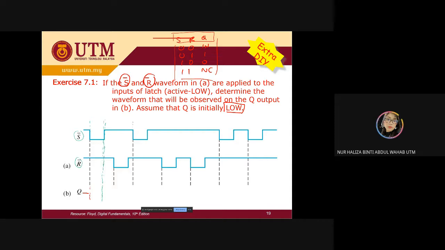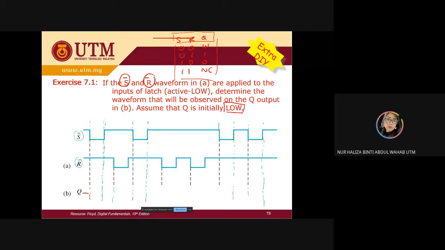And I have another change here. I have another change at this point. And this one also, I have a change at my S, and here, and lastly this one.